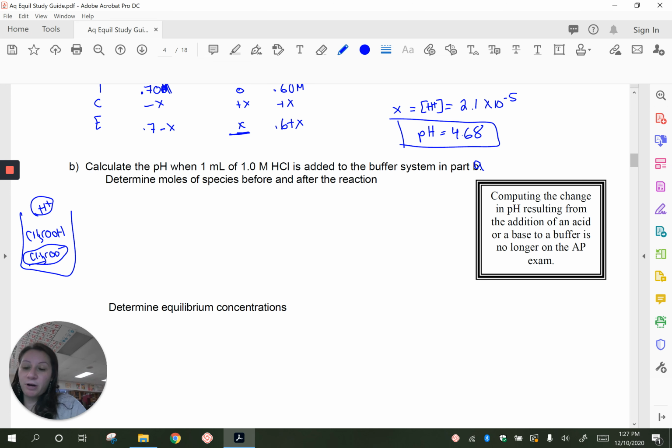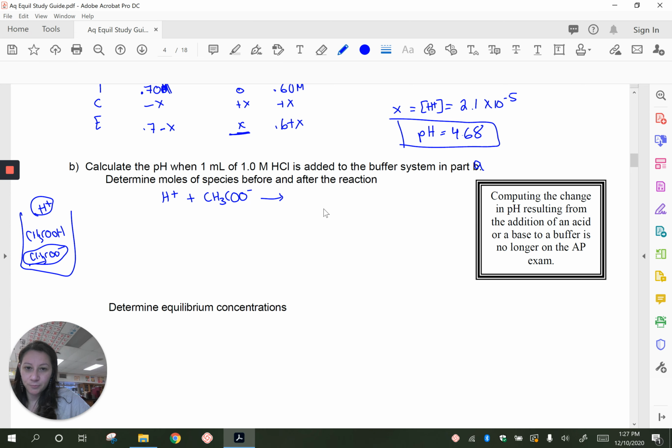So first you want to write out a reaction for what happens. You're going to write H plus, this is coming from the HCl, plus the acetate ion from the buffer, reacting together. Acid-base reactions usually go to completion or very near completion. So when you write an acid-base reaction, you write one single arrow.